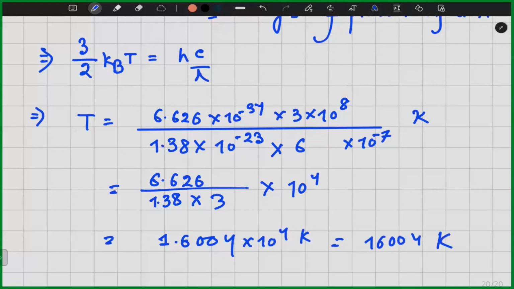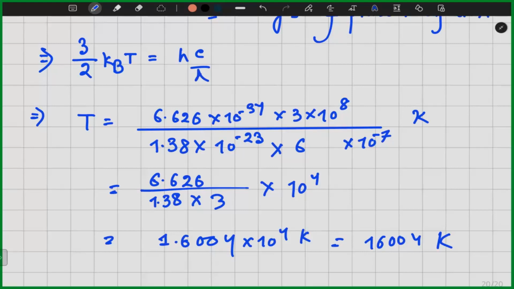So we can see that the energy of the photon, this is actually for red light, is that much higher.